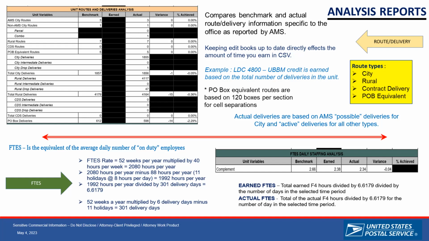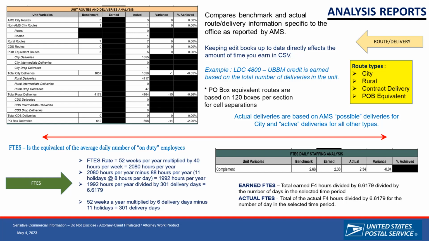So for instance, in the office example that we're using, they had 93 total function 4 earned hours for the week. So we take the 93 and divide it by the 6.617, which gives us 14.05. This current week had 6 delivery days. So we divided that again by 6, and that gives us our 2.34 actual FTES complement.